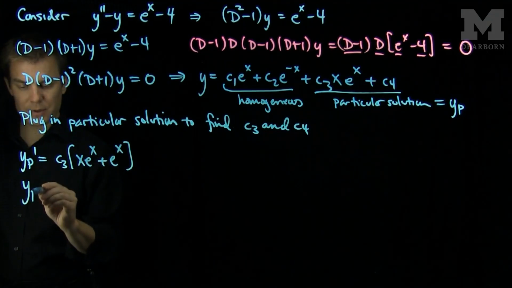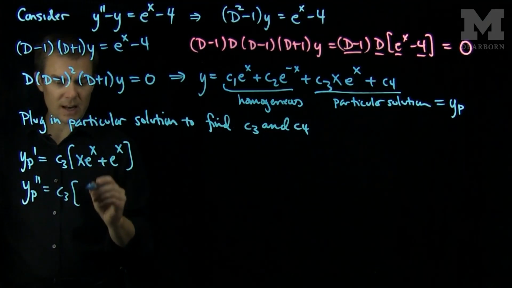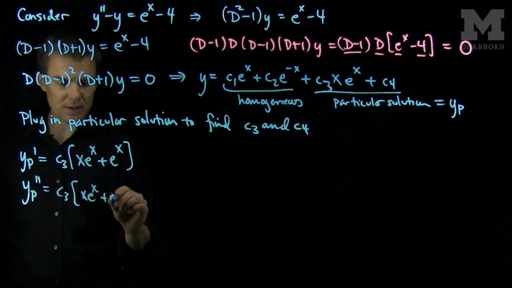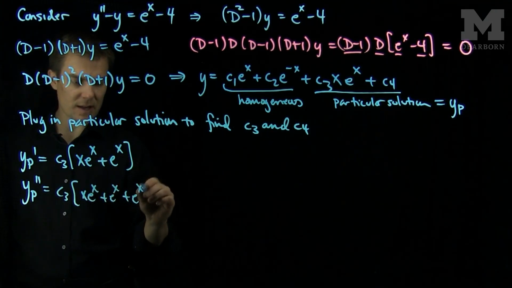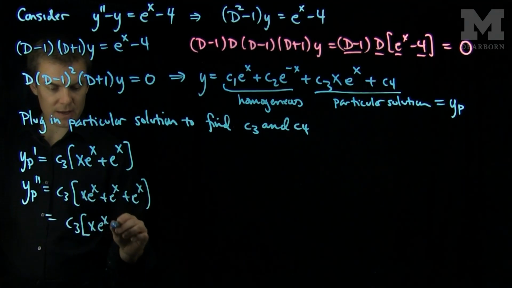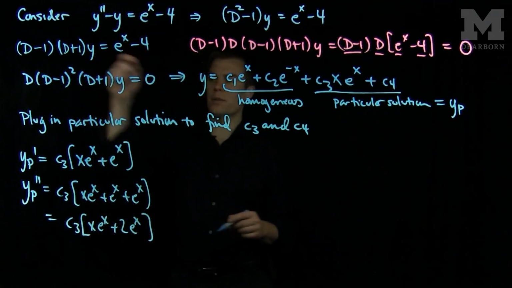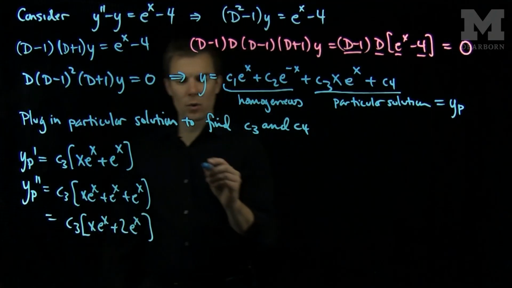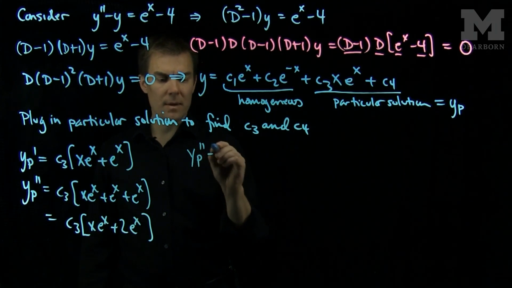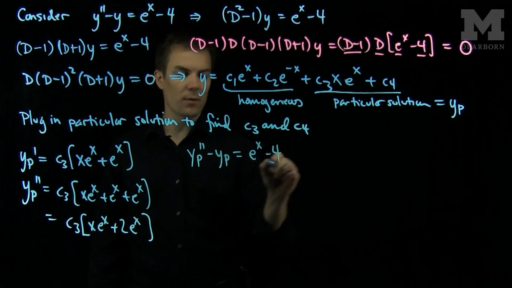Then y particular double prime is going to be c3. Then again, I'm going to have x e to the x plus e to the x, plus the derivative of e to the x, which is e to the x. So this is going to be c3 x e to the x plus 2 e to the x. Now we plug this back into our original problem. So y particular double prime minus y particular has to equal e to the x minus 4.